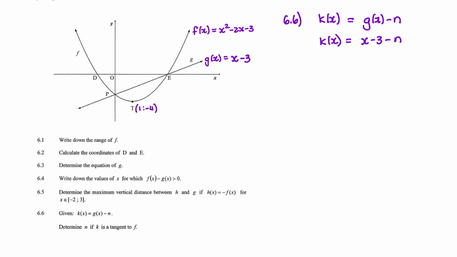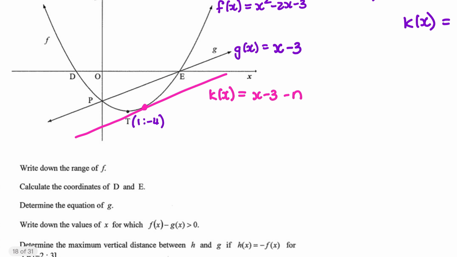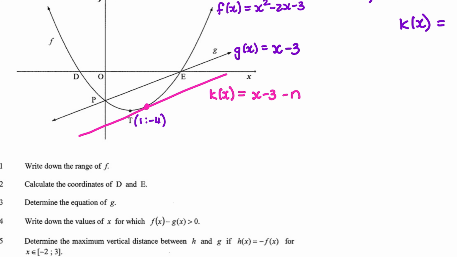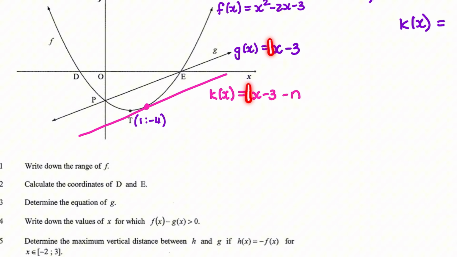Next, we are given information that k is a tangent to the curve of f. And I want to find the value of n when k is a tangent to the curve. So what I realize is that the line of k would be parallel to the line of g because they have the same gradient of 1.